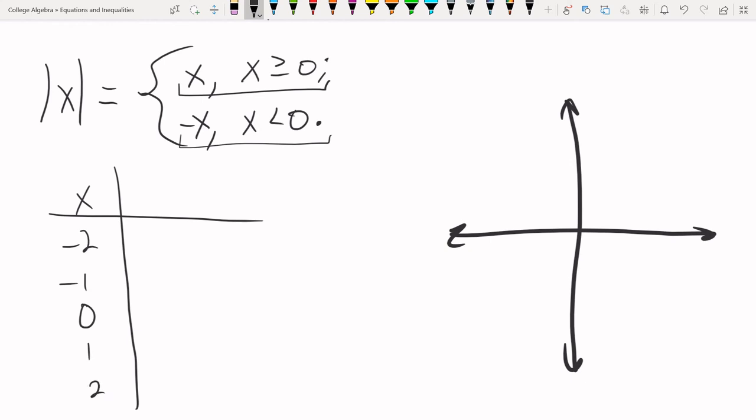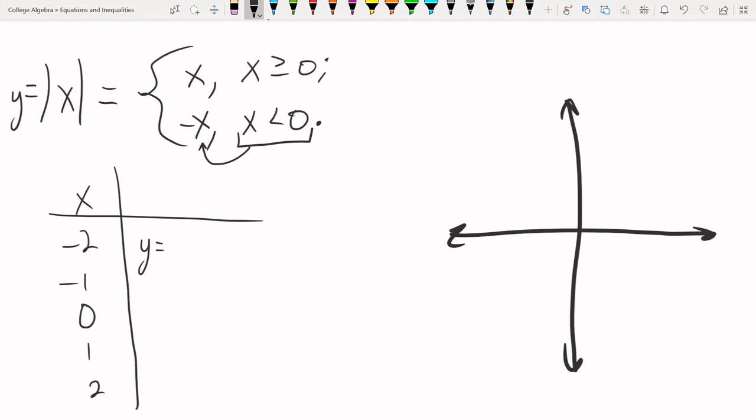Now for the absolute value of x, if we plug in -2, we have to use the bottom definition, because when x equals -2, that satisfies this x less than 0. -2 is less than 0, which means we use -x. So this is going to be our y.